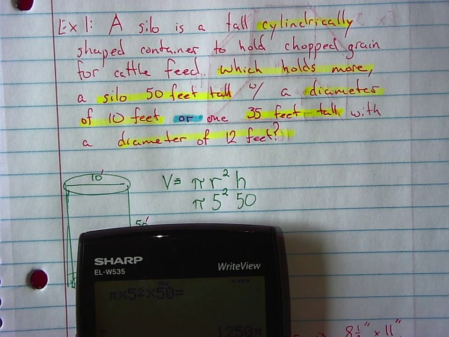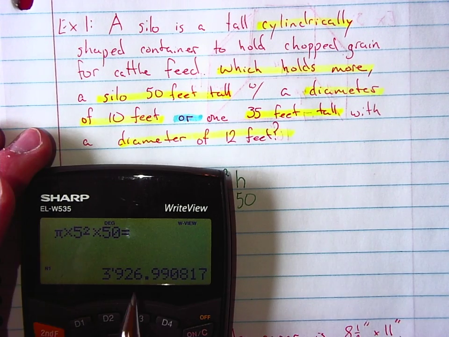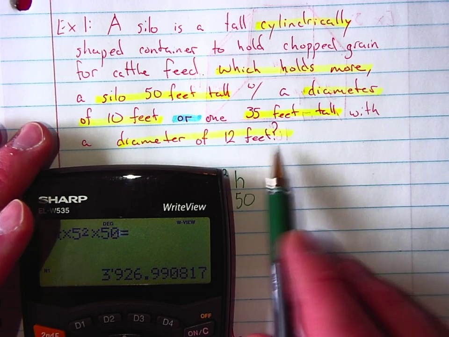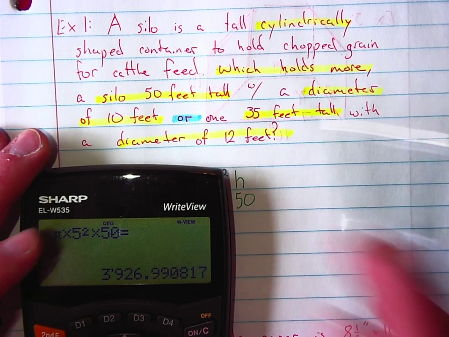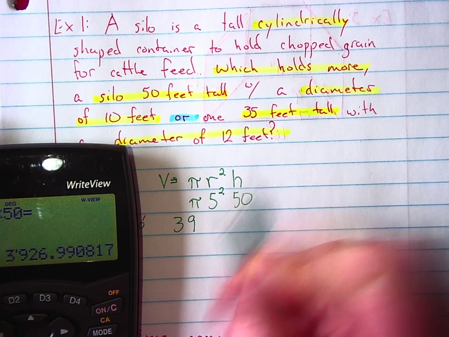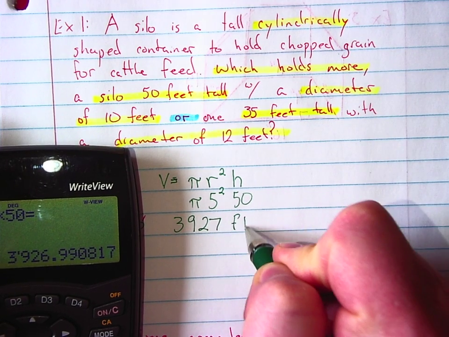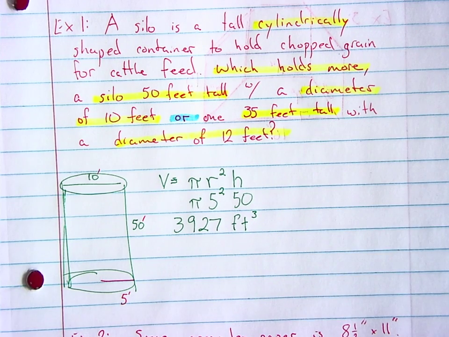I get 1,250 pi. Going to hit change, and we might as well just round that to a 7. And we are talking about cubic feet. So my first cylinder, 3,927 cubic feet.